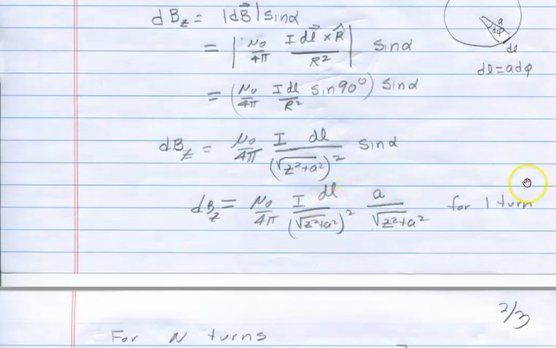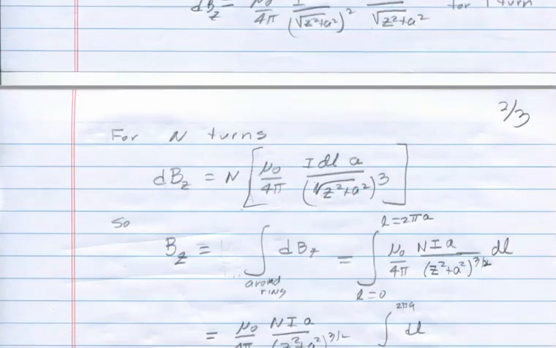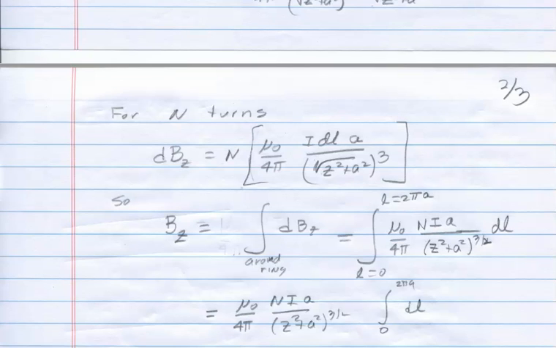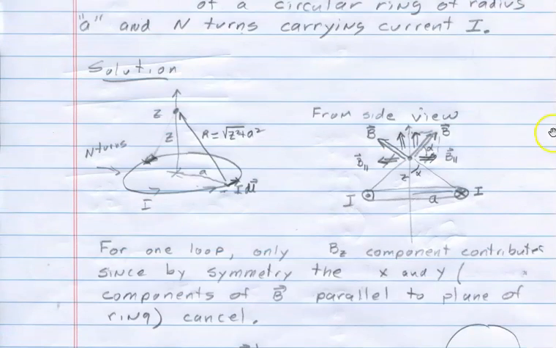And to do that, I've got the general expression here, so I need to add up all the z components all the way around the ring. And if you look at that, that's this integral over dl, but l goes all the way from 0 to 2 pi times a. It gives me the total length of the circumference of that circle of radius a. And so then I've added up all the lengths all the way around there.